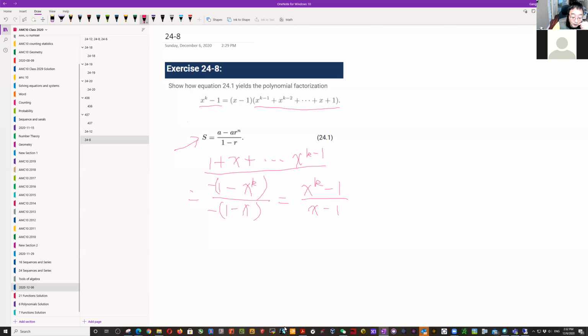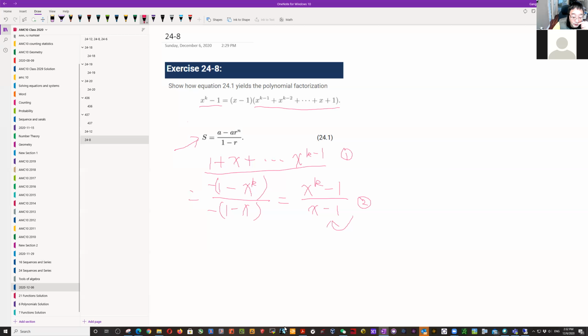Then we just multiply x minus 1 on both sides. So we multiply x minus 1 on both sides here, and you can reorder this.